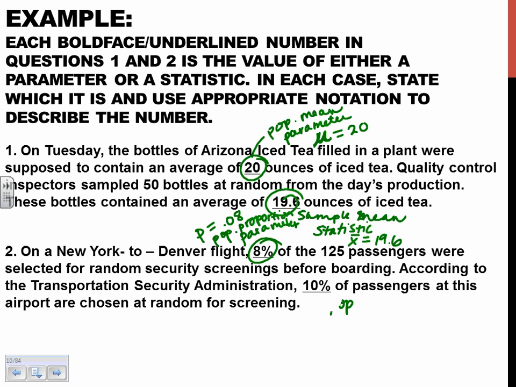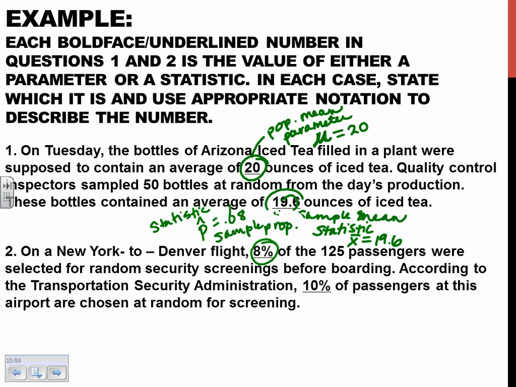That's not the population. That was one flight. Hopefully some of you are like, what, Mr. Rose? All right, so this was a sample proportion. So sample proportion is going to be P hat equals 0.08, and that means it is a statistic. Is that better? All right.